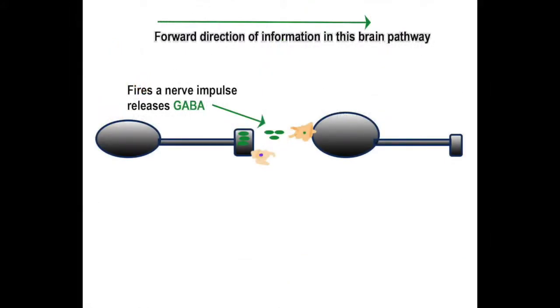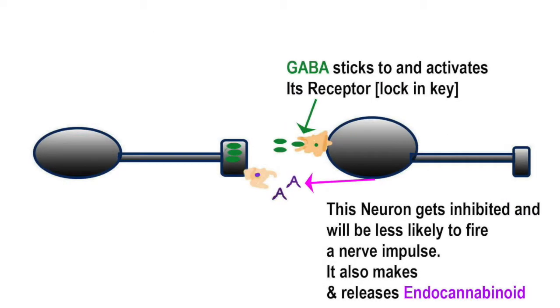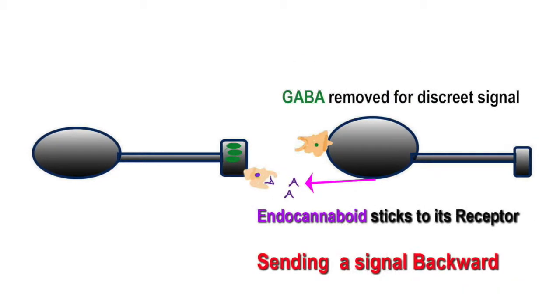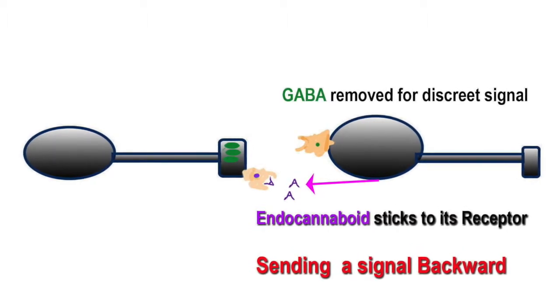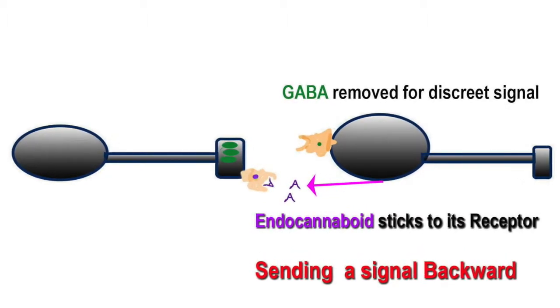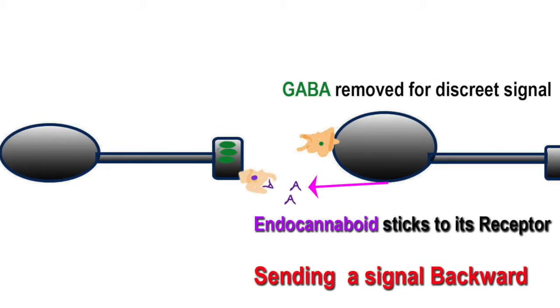So you see the neuron fires a nerve impulse on the left, releases GABA, a different chemical message. It drifts over to the nerve cell on the right, binds to its receptor, and sends a message. This time the message says, be inhibited. We'll come back to that. And now the neuron on the right synthesizes and releases endocannabinoid, which sticks to its receptor on the neuron on the left, sending a signal backward.